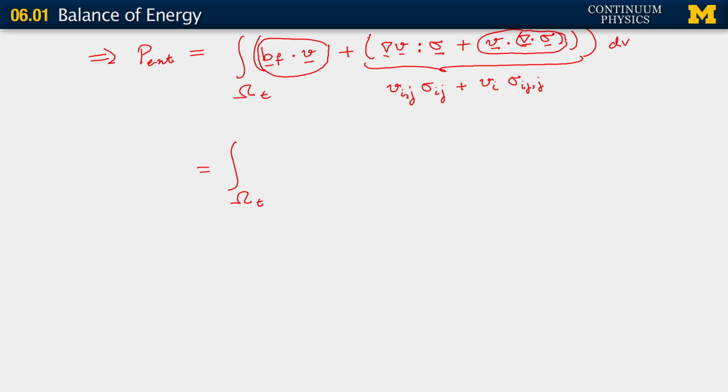So in order to make that clear, let's write this all out in the following form. So I'm going to write this as Bf plus divergence of sigma minus rho. Now just for the sake of brevity, I'm going to use this notation that we've little used in this class, but I'm going to use in this series of lectures, for the material time derivative of the velocity. Otherwise I need to add the specification that this is with respect to holding the reference position fixed and so on. Okay, so that's the material time derivative here.